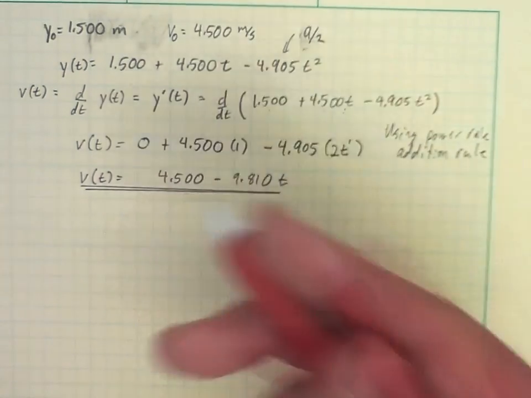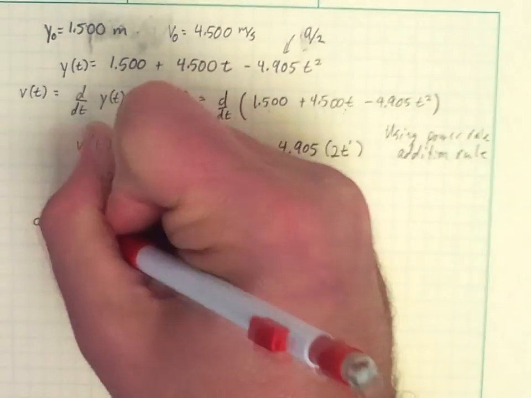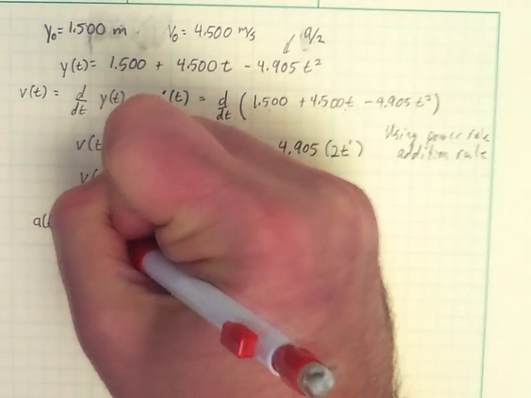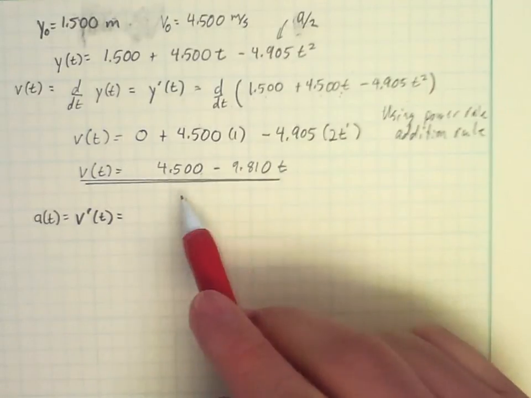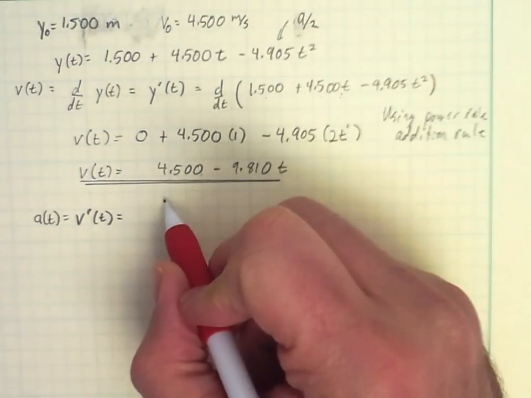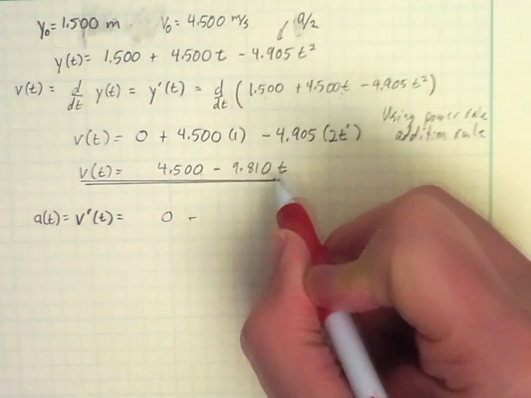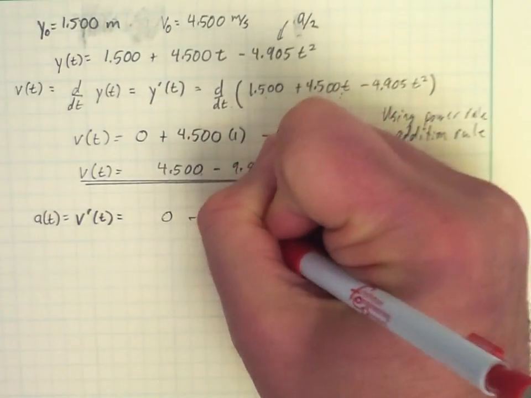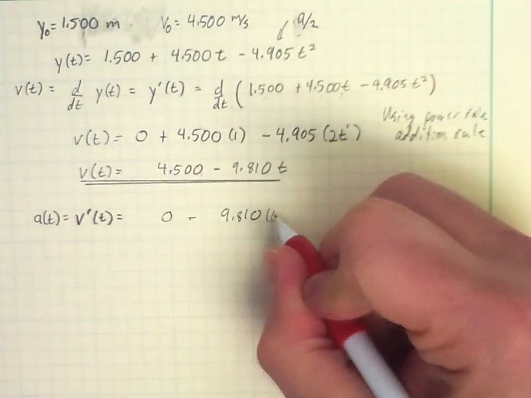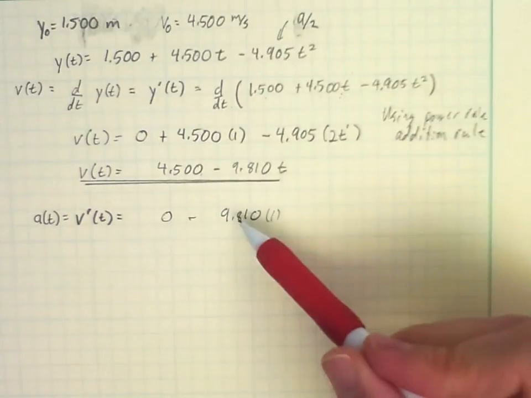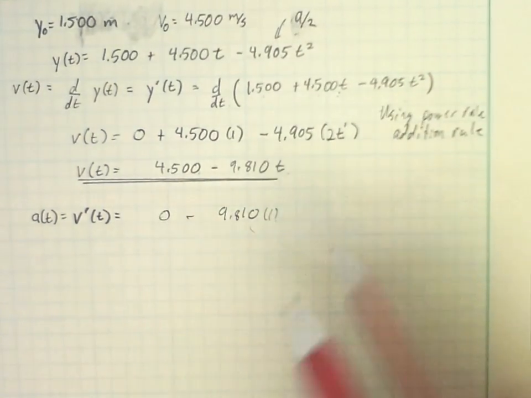And then what is the acceleration as a function of time? Well, acceleration as a function of time, we said, is the derivative of velocity. So if I take the derivative of this, I'm going to get 0. If I take the derivative of that, I just get a constant times 1. Again, eventually we'll get used to the habit of not even having to write that 1. We just know that if we have t to the first power, it's just whatever that constant is.